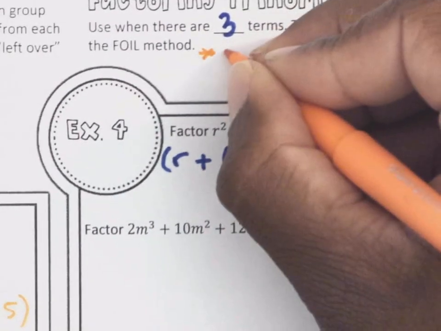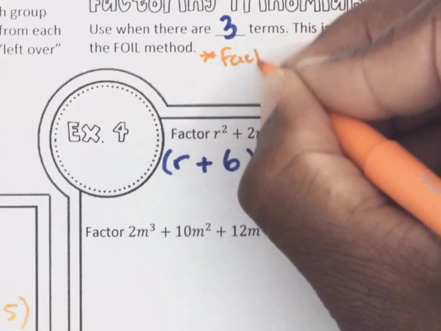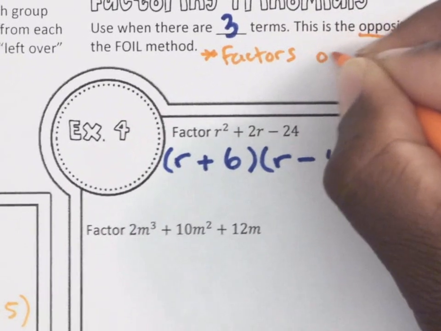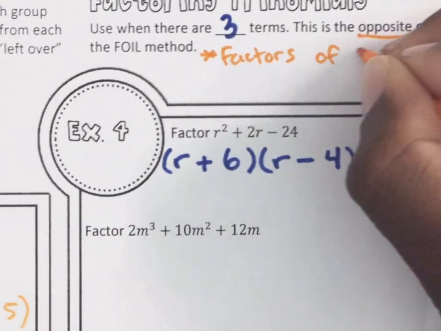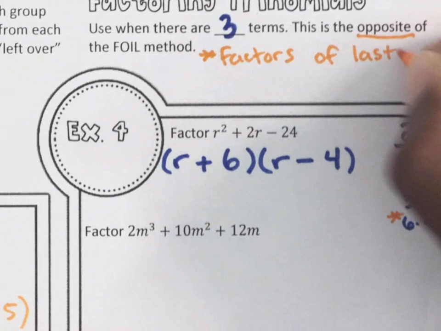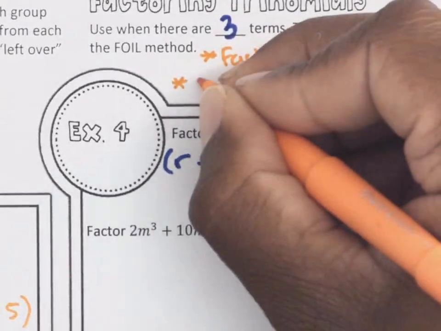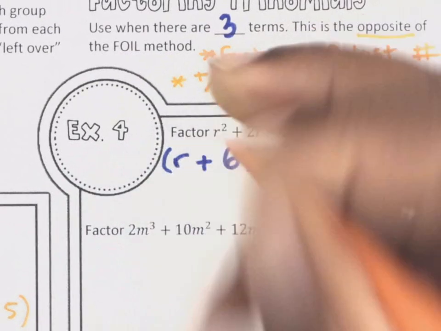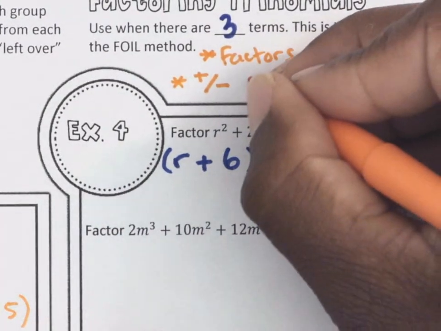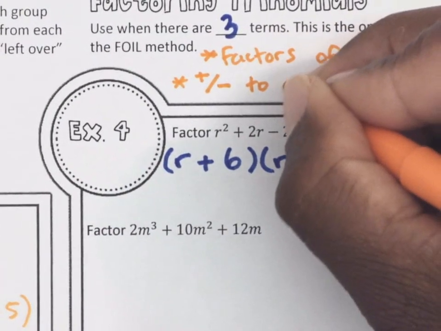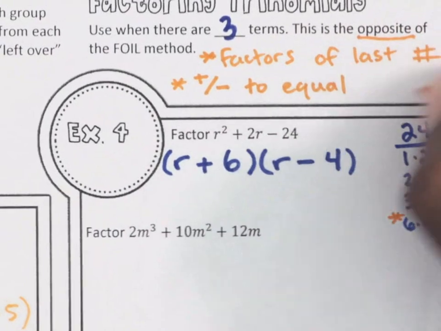And then we look for factors of the last number, that I'll say plus or minus, add or subtract, to equal the middle number.